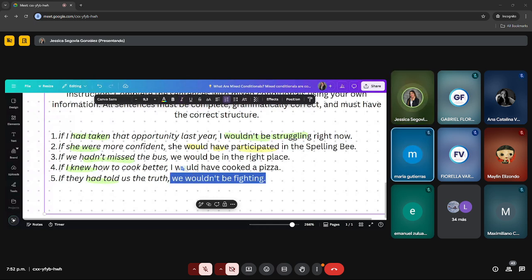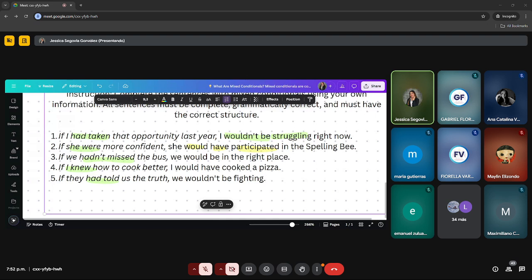Okay. If they had told us the truth, situación pasada, si nos hubieran dicho la verdad, we wouldn't be fighting. This is something that is going on right now, a present result, and the wouldn't be is what indicates us the correct way of using this mixed conditional.